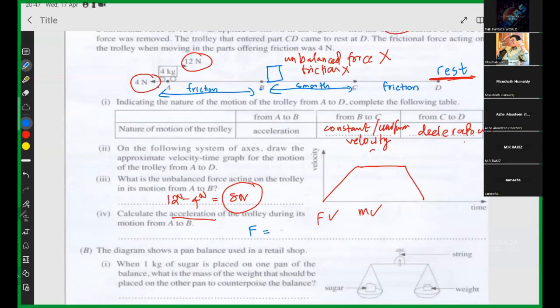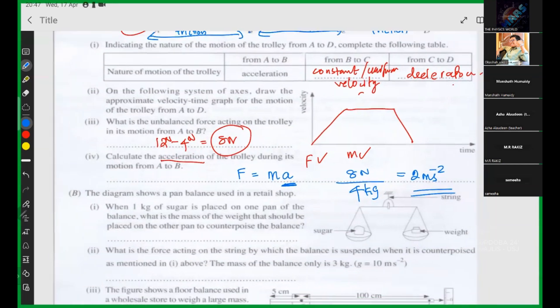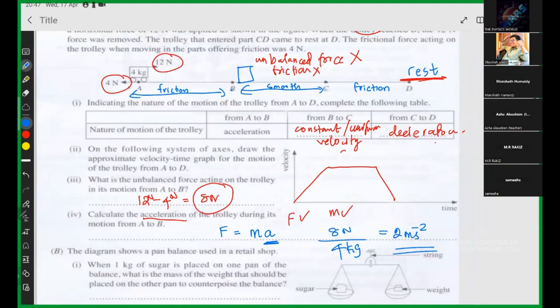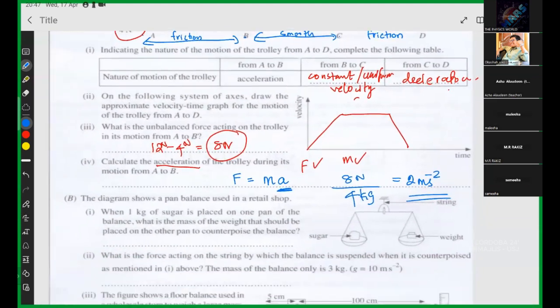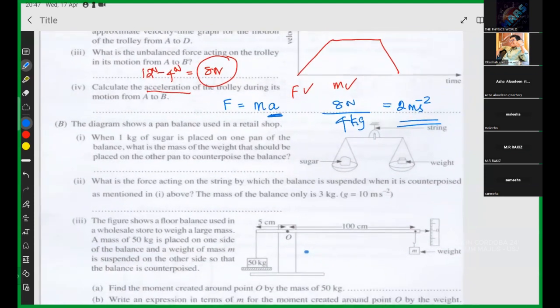F equals ma. So acceleration is force divided by mass. Force is 8 Newton divided by 4 kilogram, so 2 m/s². Units are very, very important. You have to write that also. Is it clear, everyone? Yes, teacher. Okay, now we will move to the next one.